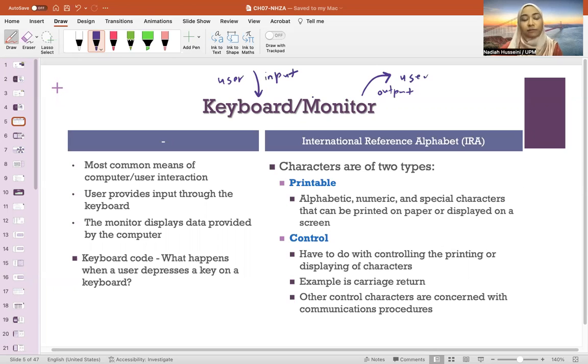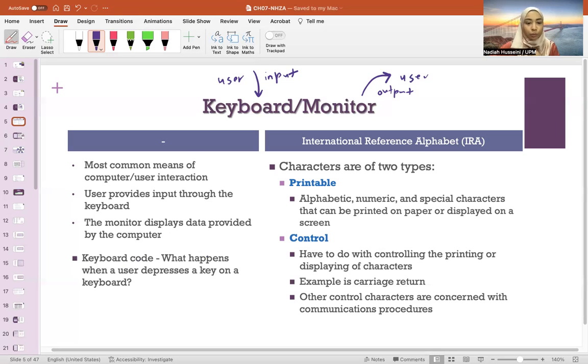So they are both peripheral devices, but they are unique in the sense that the keyboard receives input from the user, whereas the monitor gives out output to the user. But they are both categorized as peripheral devices. The user provides input through the keyboard. The monitor displays data provided by the computer.